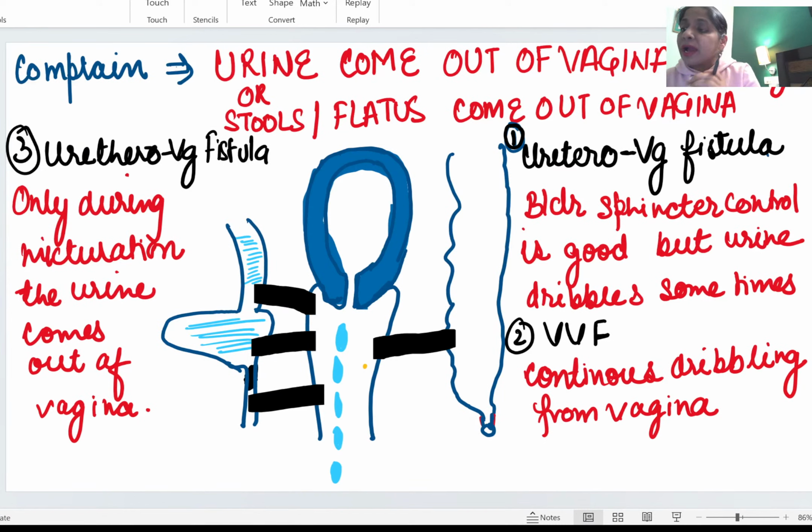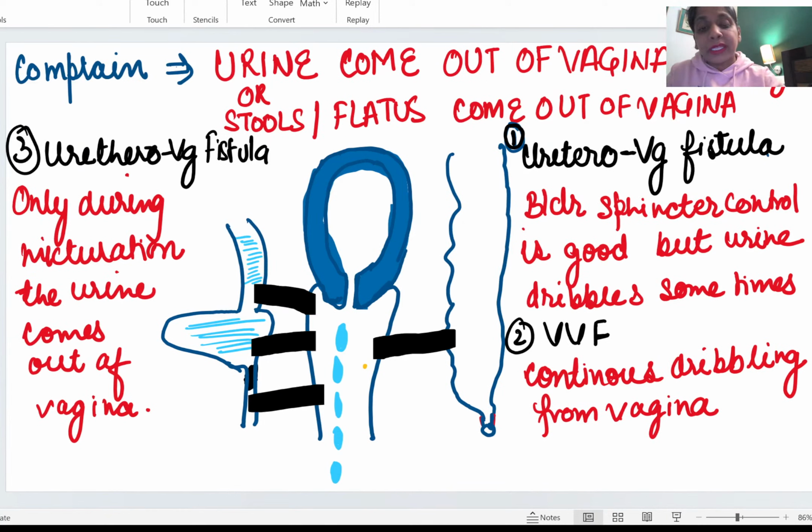So whenever the complaint in the exam is that urine is coming out of the vagina, will you write incontinence? No, incontinence is not urine coming out of the vagina. This is a fistula.